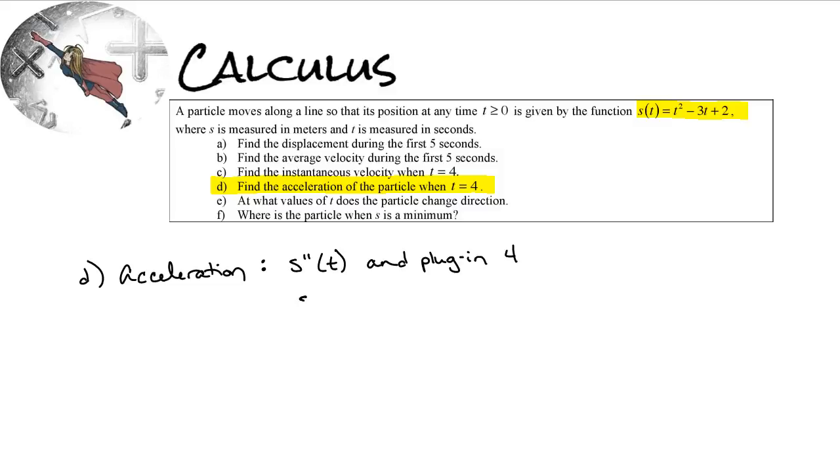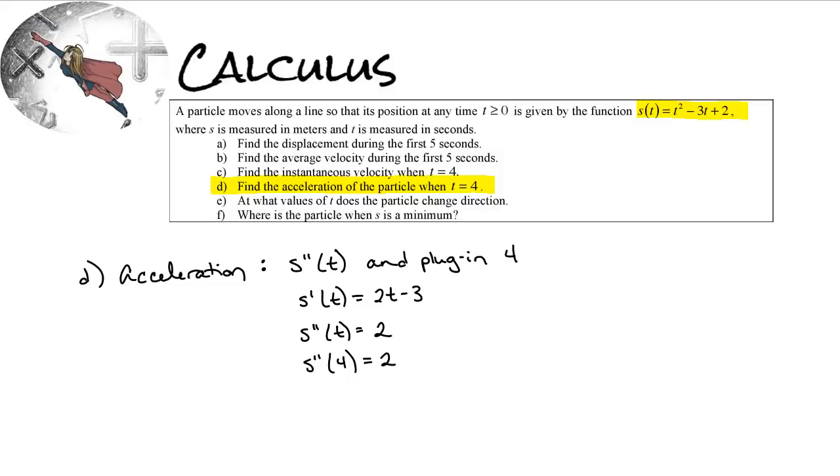Alright, so we had the first derivative written on our other page, which I'll just remind you, it was 2t minus 3. So now s double prime will equal just a constant of 2. And there is no place to plug in 4, but that just means that s double prime of 4 still equals 2.